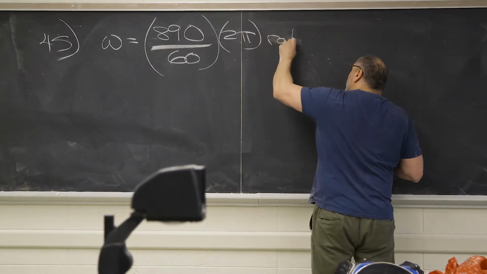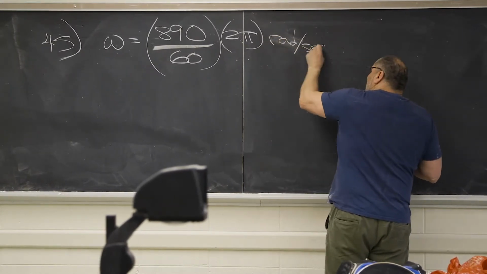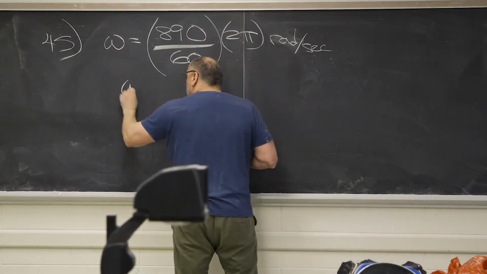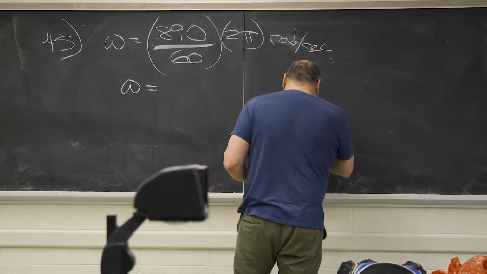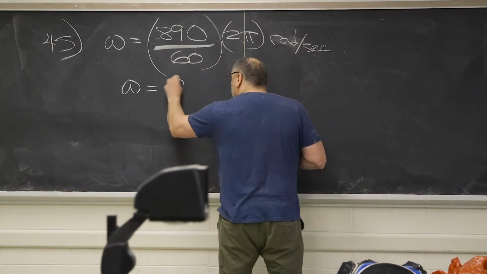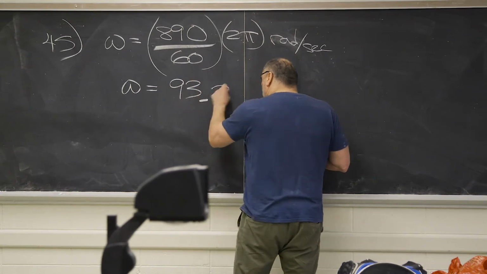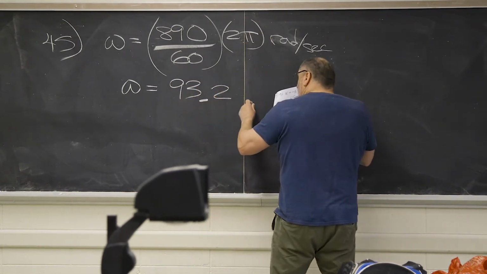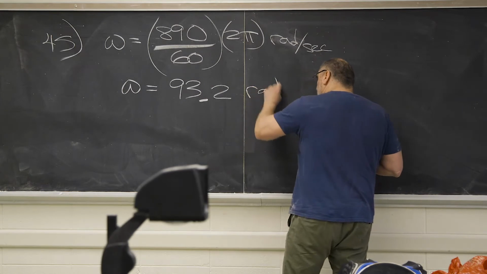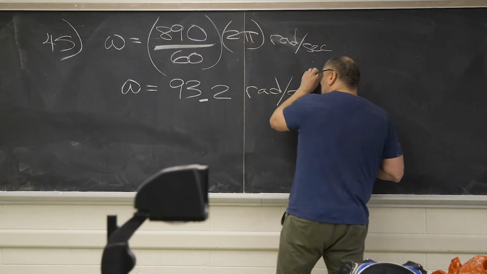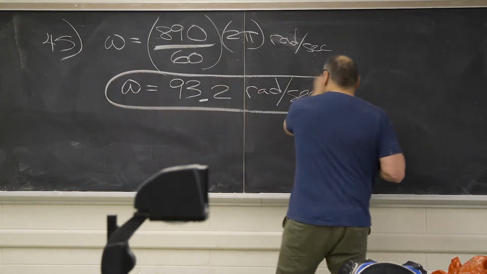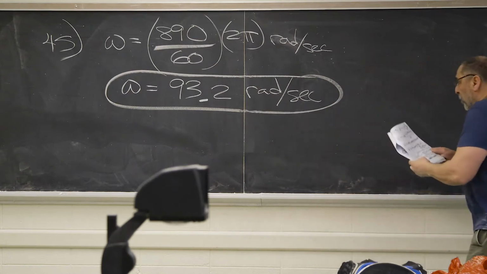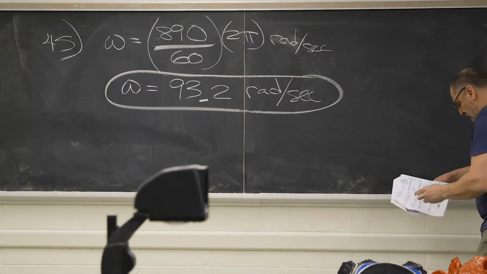So you got radians per second here. Omega is 93.2 radians per second. Okay, we know that.